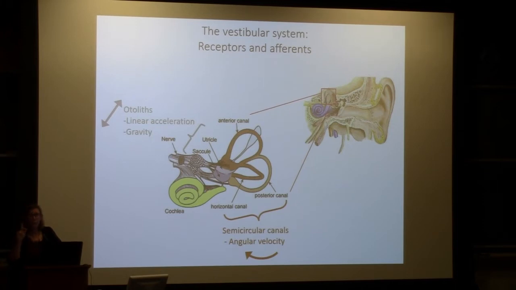By activating one versus the other, or some ratio, you can determine your 3-dimensional rotational motion in space. And then likewise, on the utricle, you have a 2D map of linear motion in a plane that's parallel to the floor. And then there's another map like that, but that runs vertically in the saccule. So you have this 2D map and then another map, so you can sense 3-dimensional translational motion.